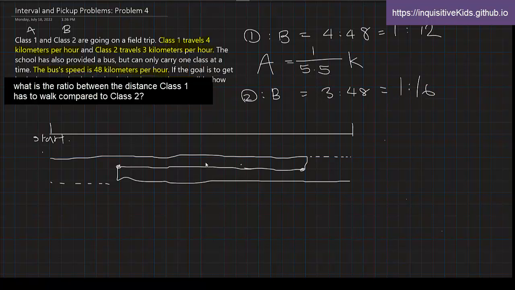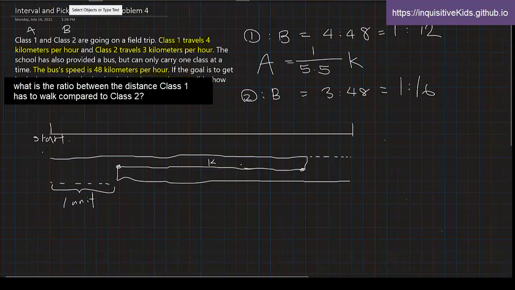And this section right here is still K. So 1 to 16 means that the amount that Class 2 walked over here would be 1 unit, and the total amount that the entire bus did was 16 units, meaning that this middle part for K would be 7.5 units.